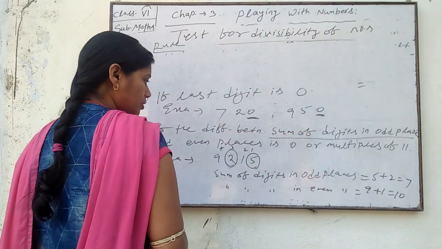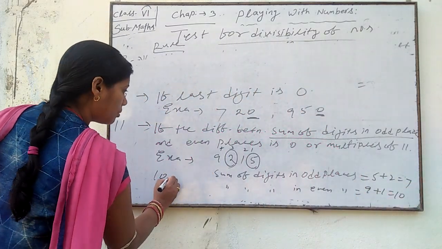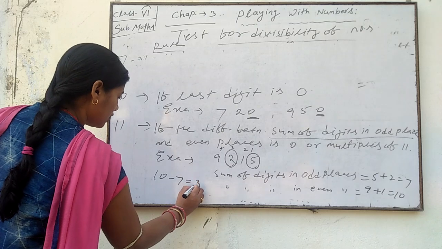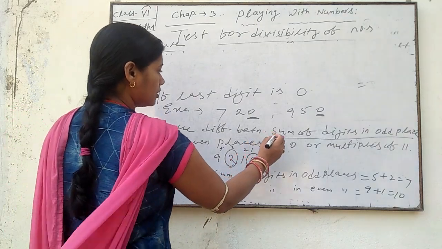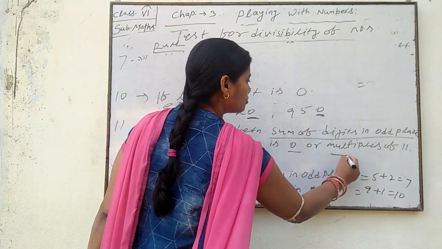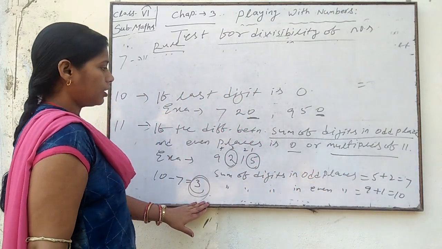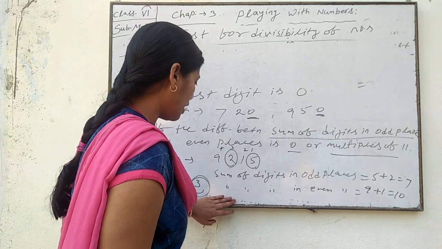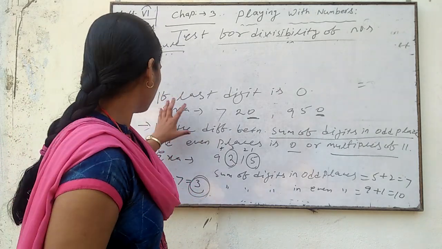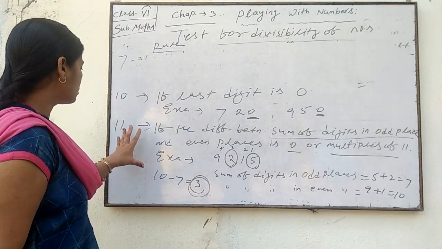Now subtract: 10 minus 7 is 3. So this is not 0 or a multiple of 11. It means the difference should be 0 or a multiple of 11.